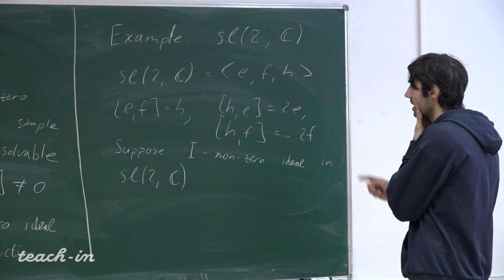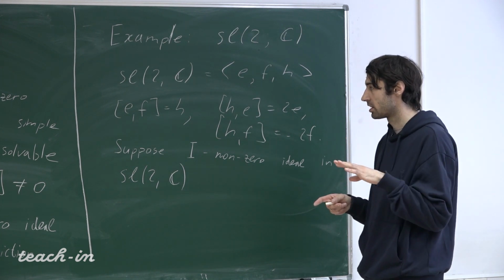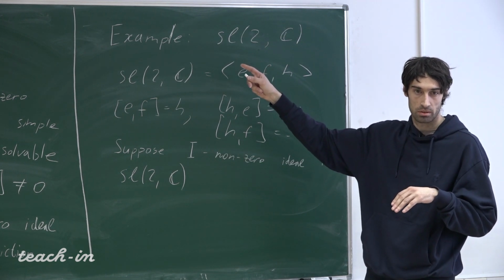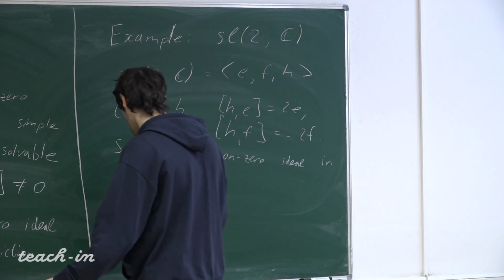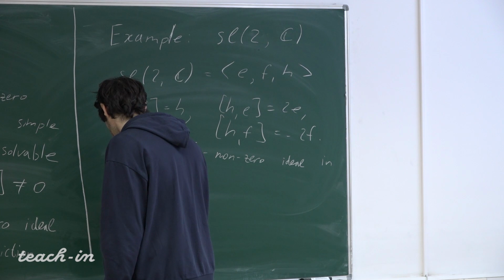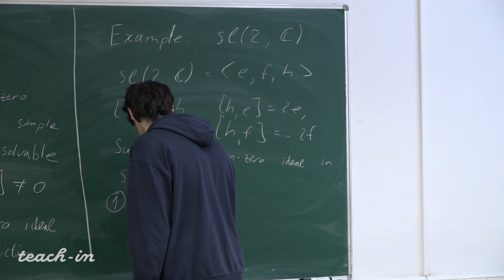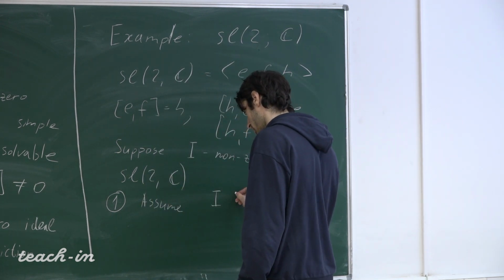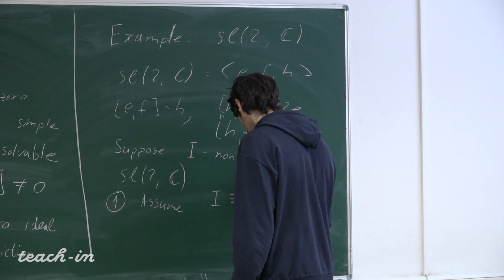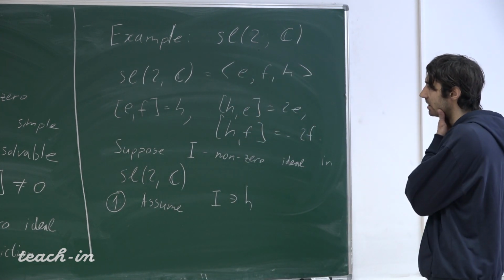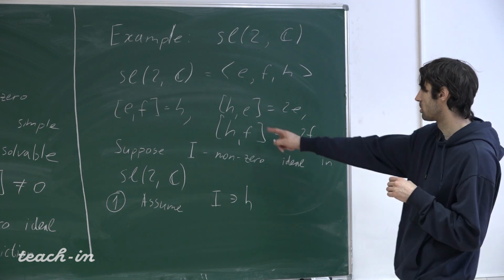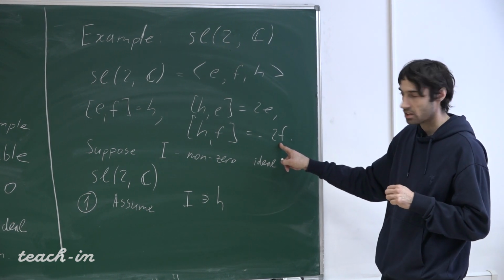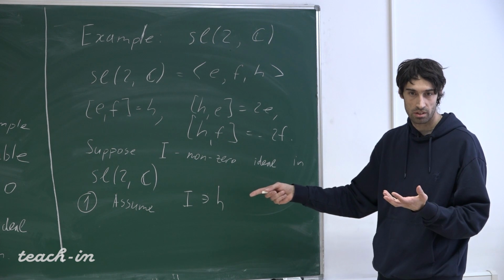And let us check first that if it contains either of E, F, or H, it coincides with the whole SL2. Right? So case 1, assume I contains H. Right. Then, because of this, it contains E and F. I is an ideal, right?